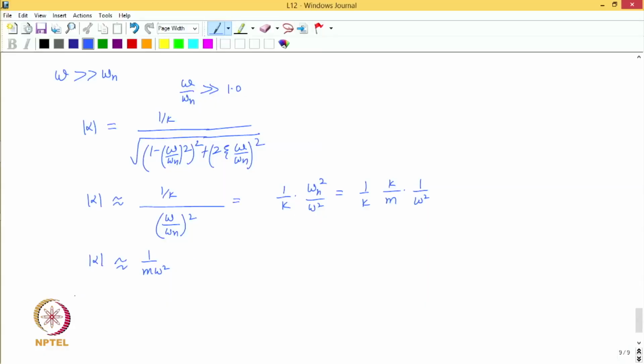If we take 20 log 10 on both sides, so that we convert the FRF magnitude into decibels, we get minus 20 log 10 m, minus 20 log 10 omega square, which can further be written as minus 20 log 10 m minus 40 log 10 omega, and this is the dB magnitude of the FRF.